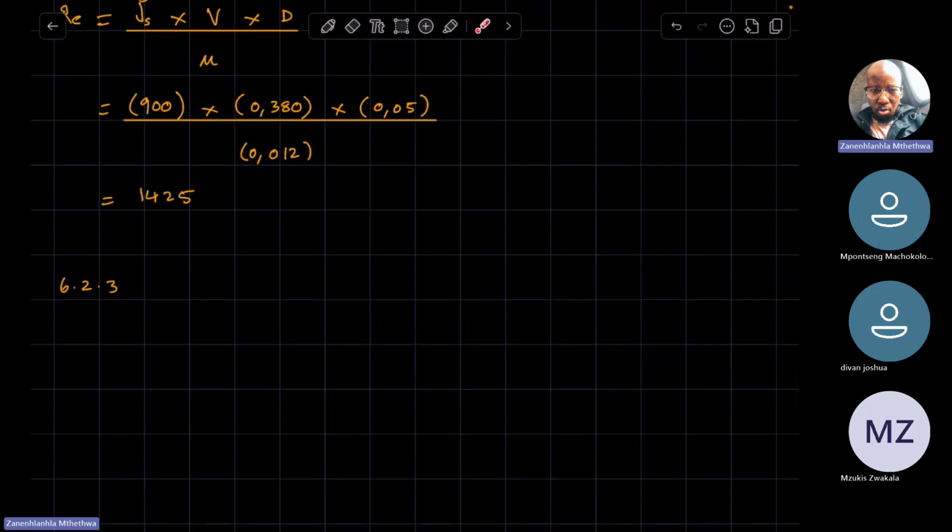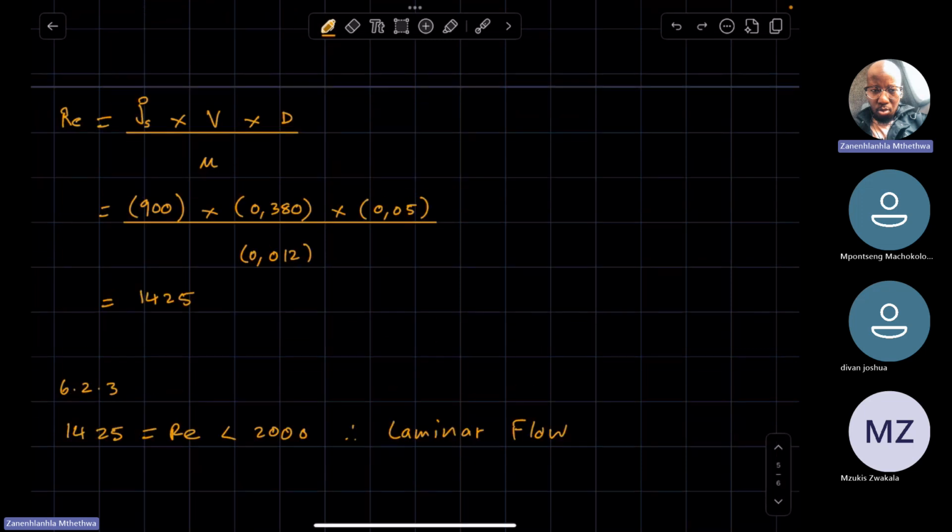You then say, we can say here, 1,425 is our Reynolds number, and our Reynolds number is less than 2,000. Therefore, flow is laminar flow. And you get your 2 full marks.